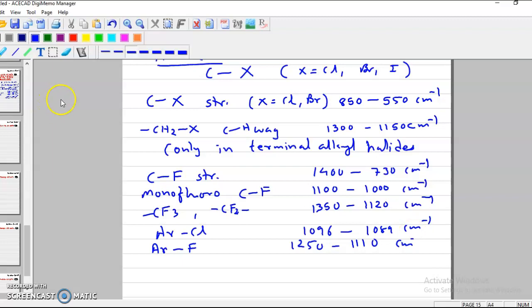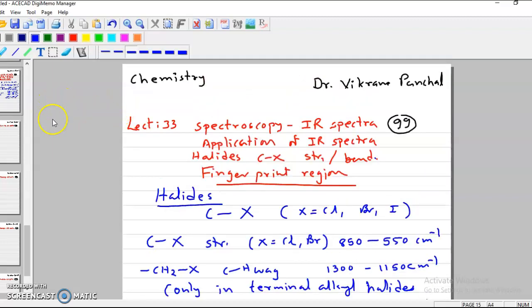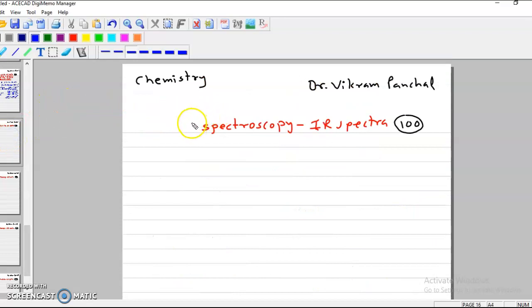Now we will see the most important region of IR spectra, and that is known as the fingerprint region. That is between 1500 and 500 centimeter inverse.